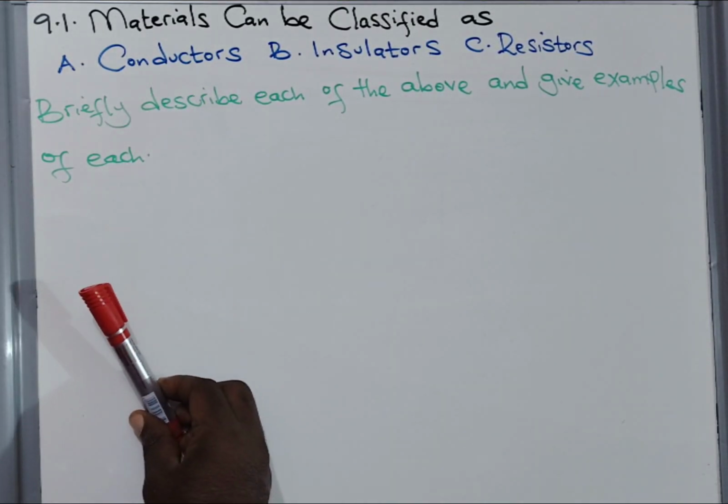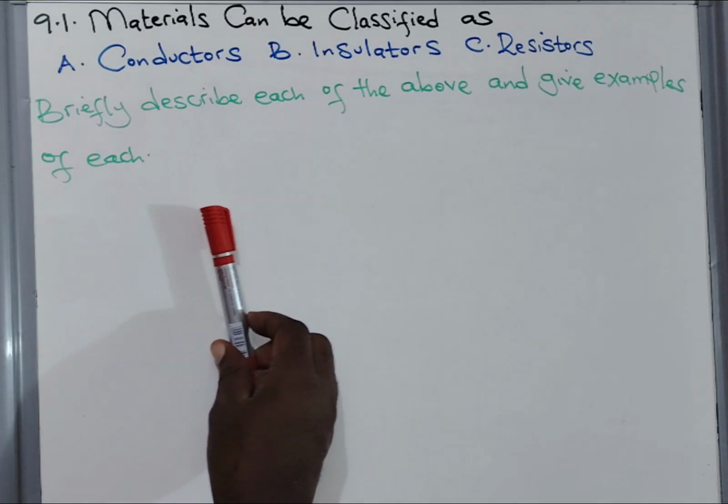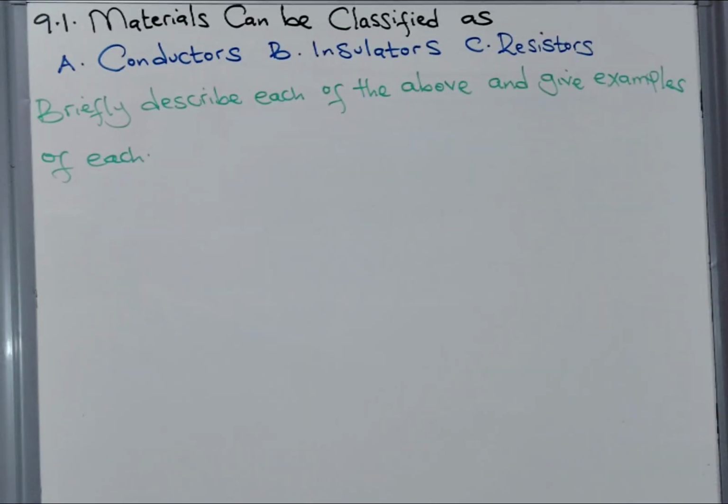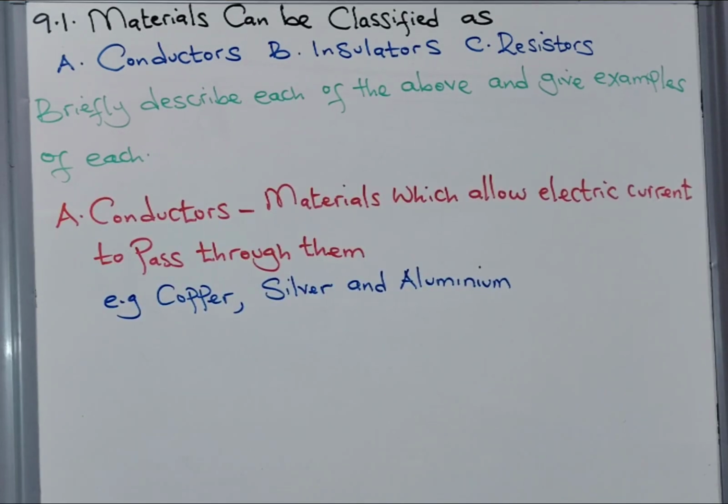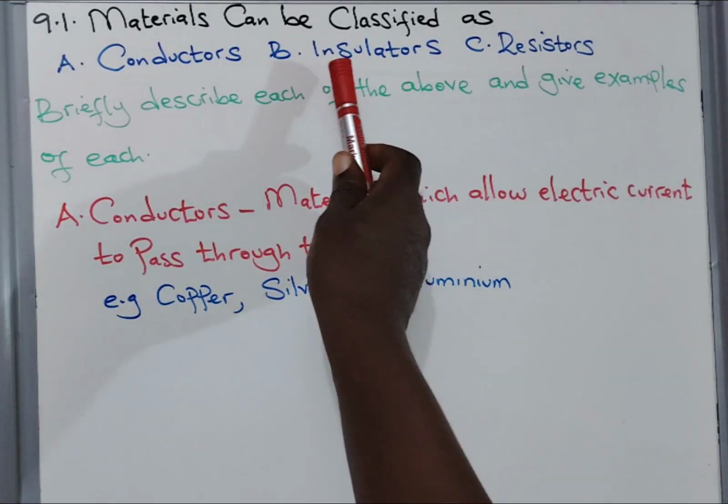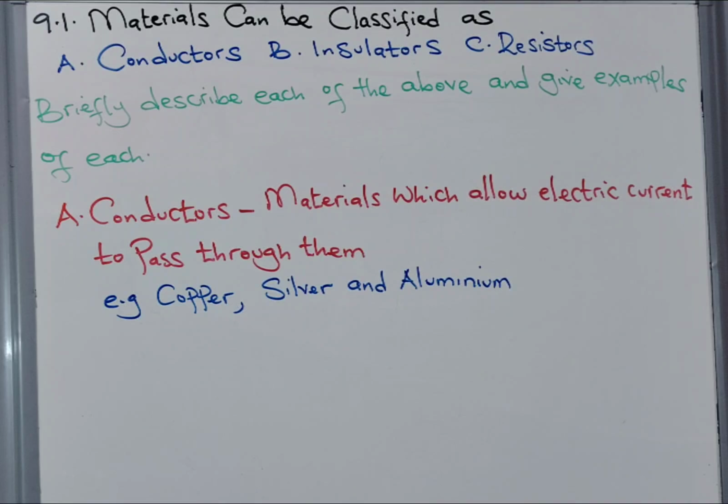What are conductors? Conductors are materials which allow electric current to pass through them. Examples are copper wire, silver, aluminium. Those are the typical conductors we know. Next we have insulators.